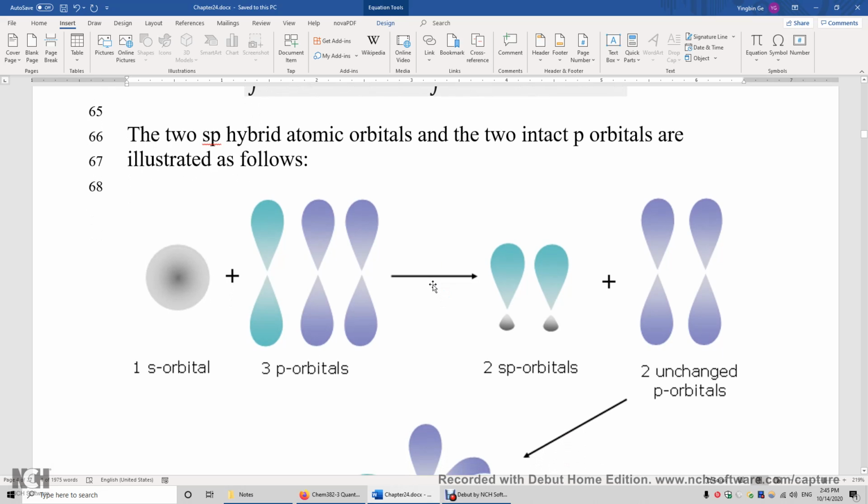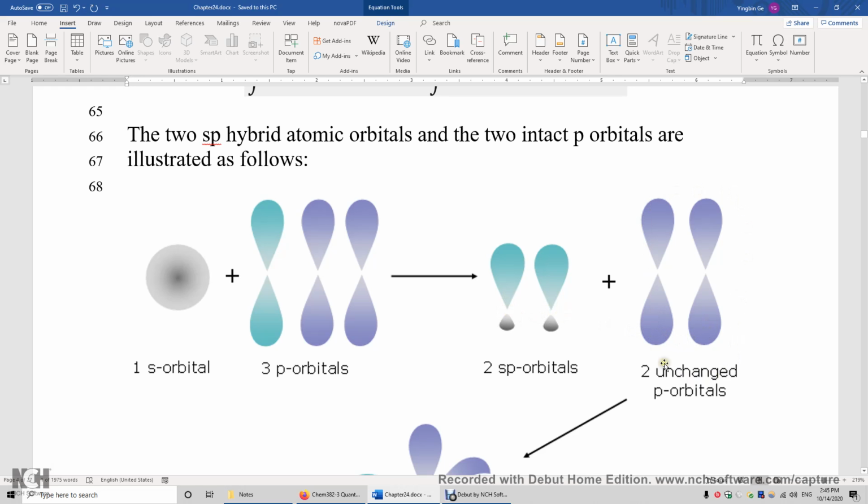Now let's look at the shape of the sp hybrid orbitals. So essentially, we just mix this s orbital with one of the p orbitals. All right, so this one and this one, they will be mixed. And then we get these sp orbitals. Over here, this is the center of the atom, the nucleus, where the nucleus is.